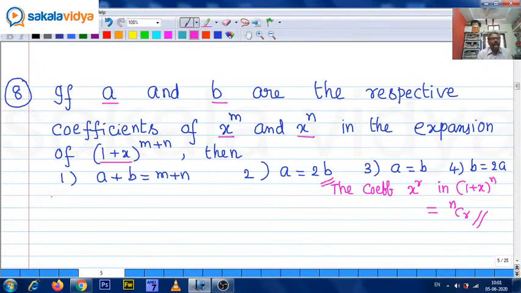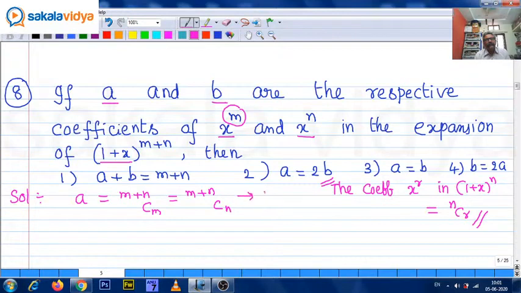So now here, solution. a equals, here n means m plus n, and the coefficient of x to the power of m, so this equals m plus n C m, say equation 1.